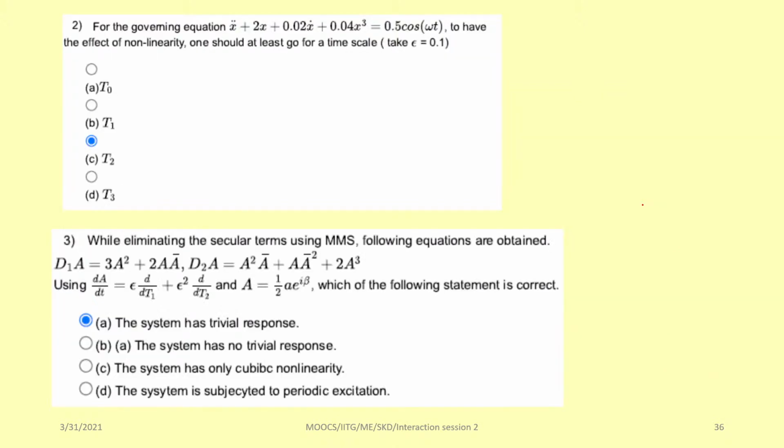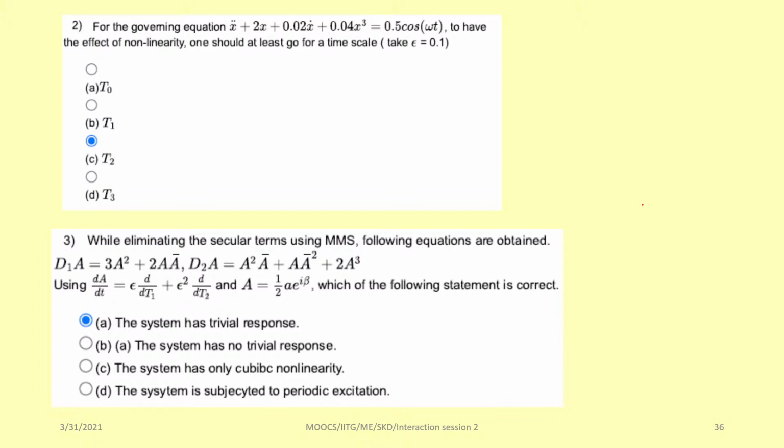Next question. In the second question it has been asked, for the governing equation x double dot plus 2x plus 0.02 x dot plus 0.04 x cube equal to 0.5 cos omega t, to have the effect of nonlinearity one should at least go for which time scale. Up to what time scales can you go?